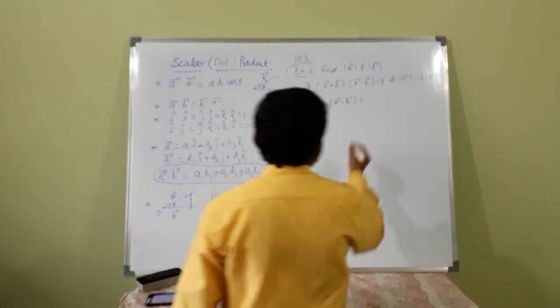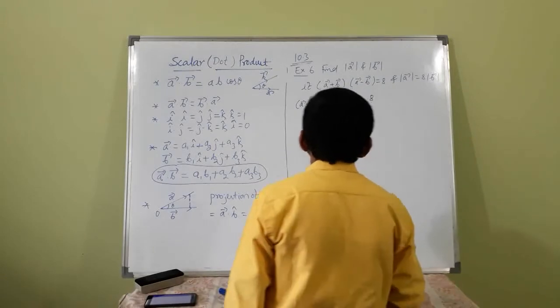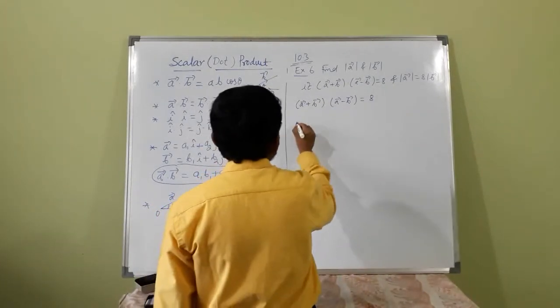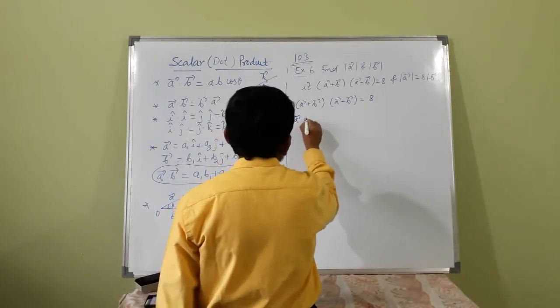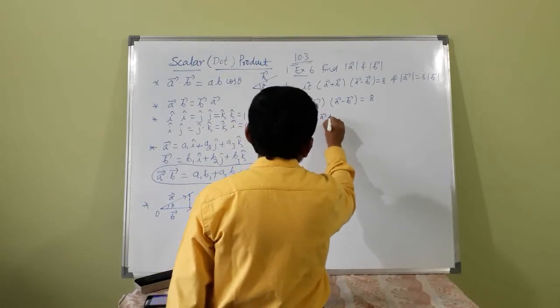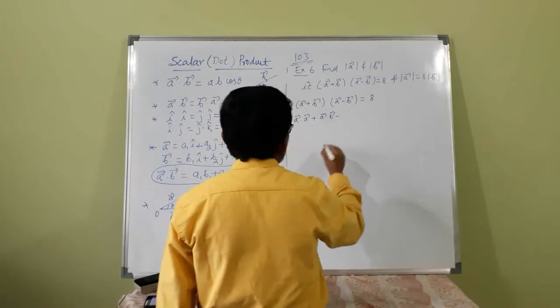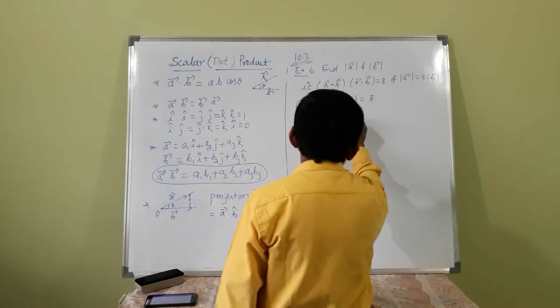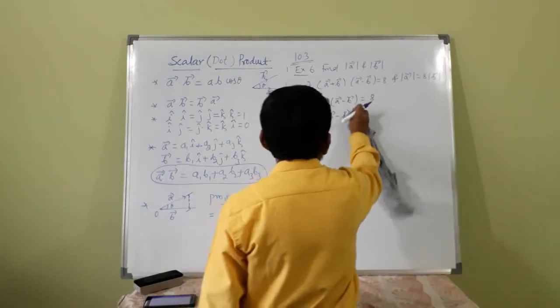That is 8, given. See, this implies A dot A plus A dot B minus B dot A. Okay.